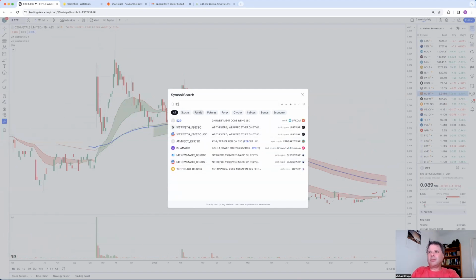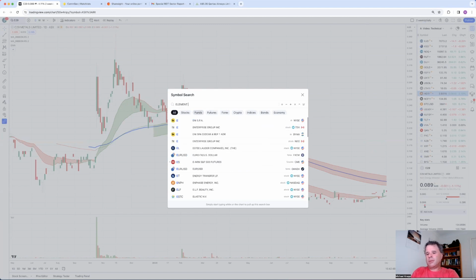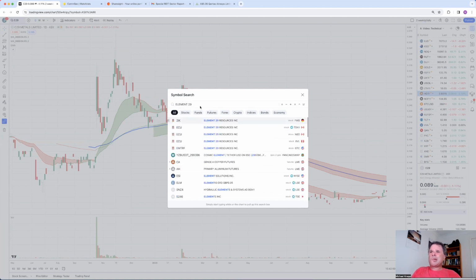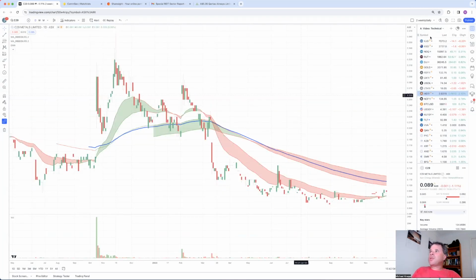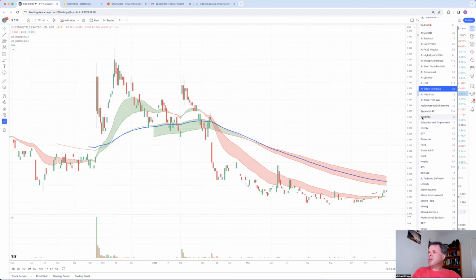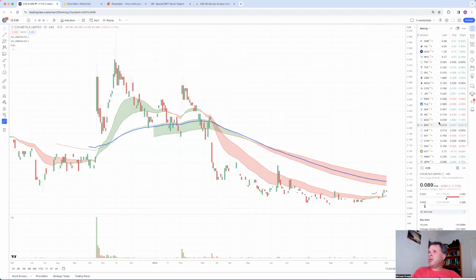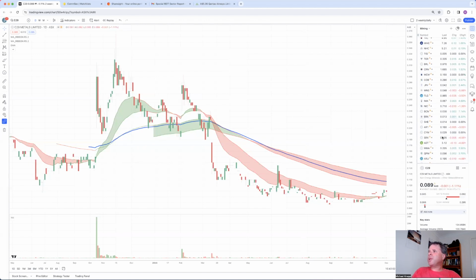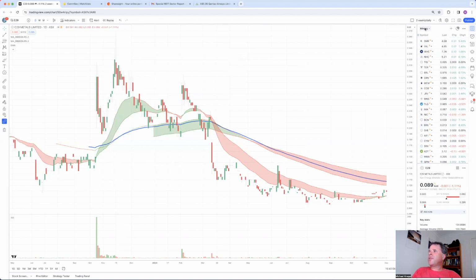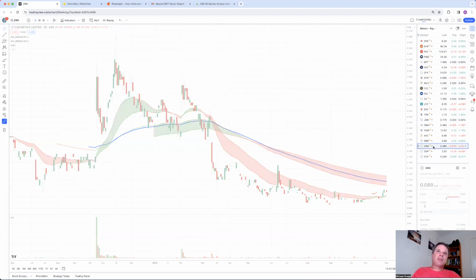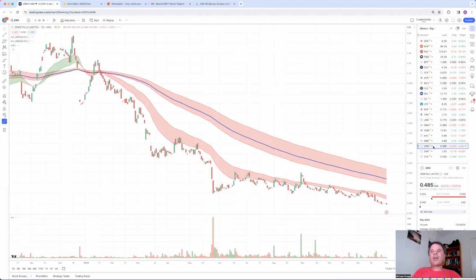Element 29. I can tell you right now because it's in one of my lists of companies. Well, it's not in that list. 29M, 29th metal. Yeah, 29 Metals.